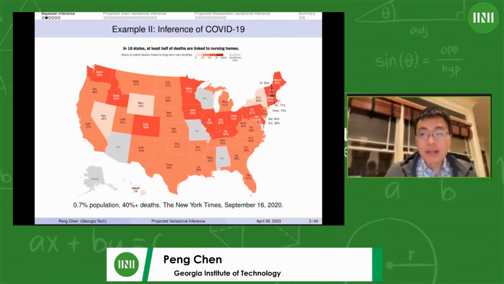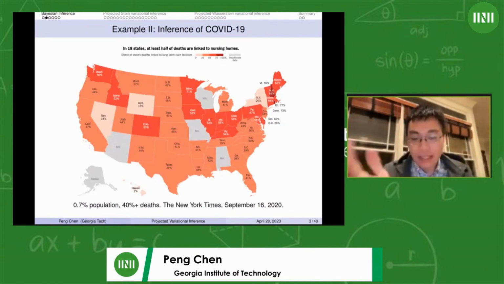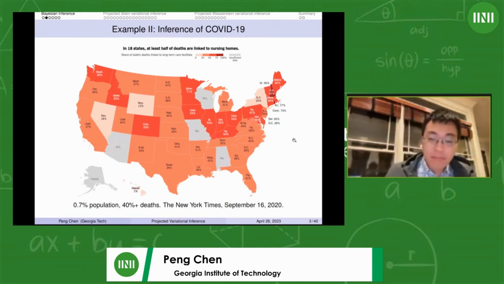The second example is the inference of COVID-19. Here is a map of the US with different states, and there is a percentage number in each state, which stands for the percentage of deaths linked to nursing homes. In fact, nursing home residents are about 0.7% of the total population in the US. However, on average at a certain time, they accounted for about 40% of deaths.